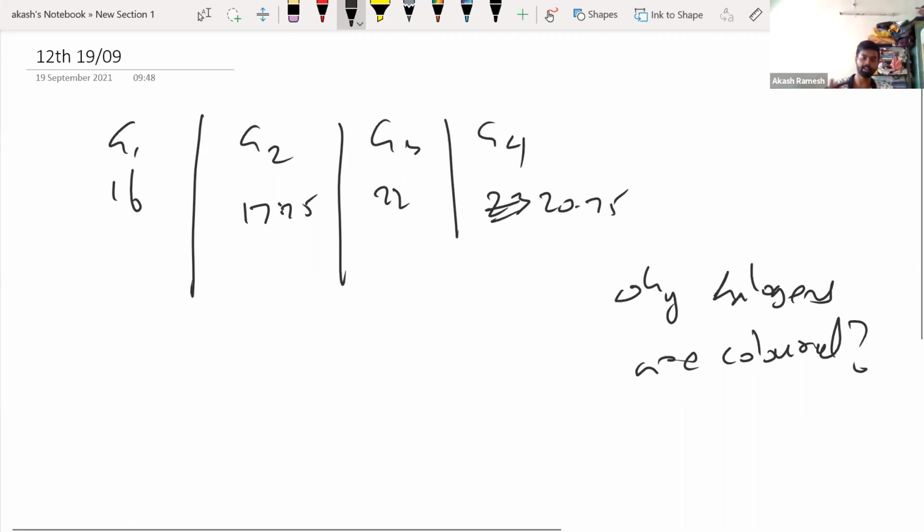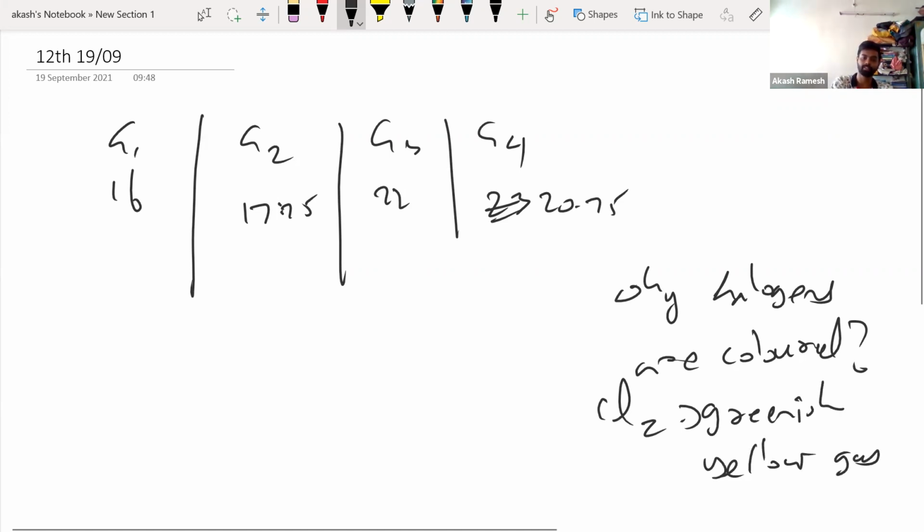So why are halogens colored? For example, chlorine is a greenish yellow gas. Iodine is a brown liquid. I forgot to put the color for Br2.